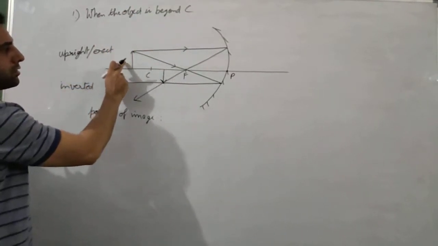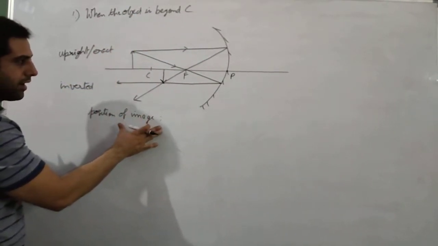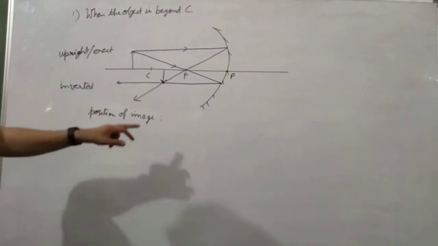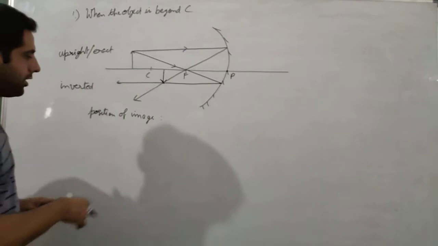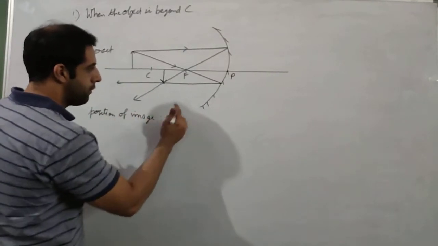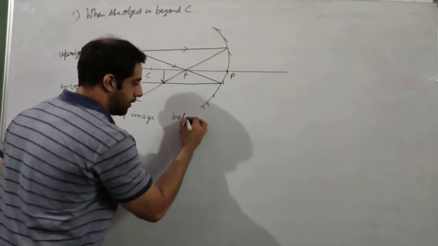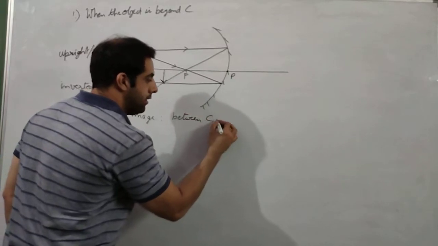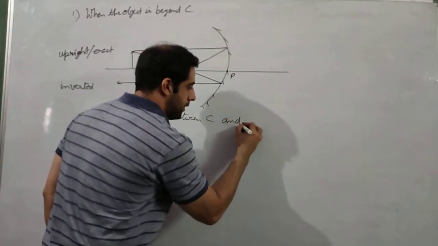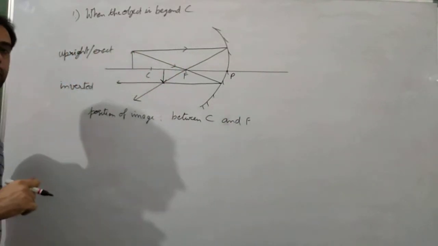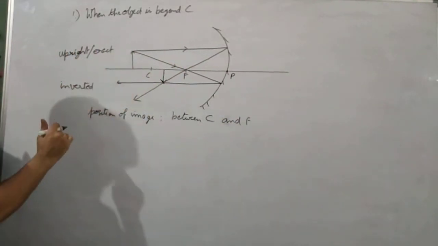The object is beyond C. Position of image we will write here. Now what is the position of image? Image is formed between center of curvature and focus point. So we will write here, position of image is between center of curvature and focus. So this is the position of the image.